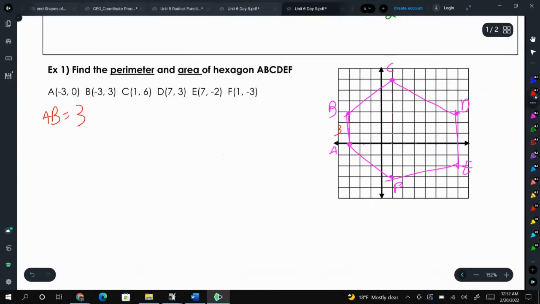It's a nice vertical line. And then we have DE is another vertical line, 1, 2, 3, 4, 5. So the other 4 segments, you're going to have to use the distance formula. So take a minute to go ahead and do that. Pause the video, because at this point you should be masters at the distance formula.